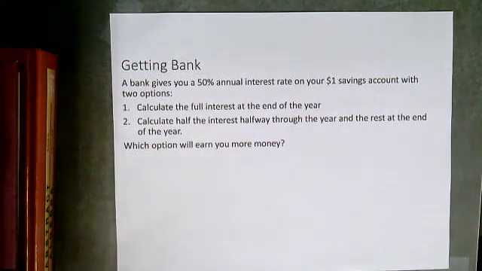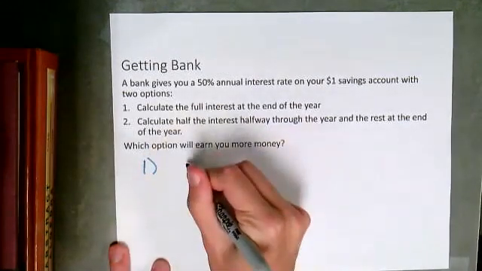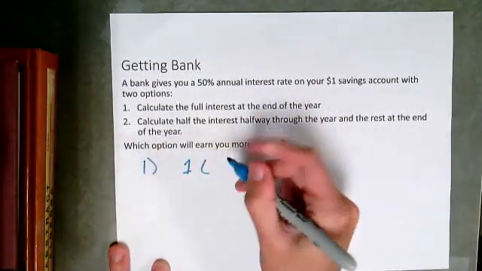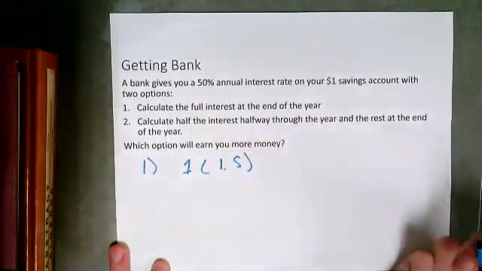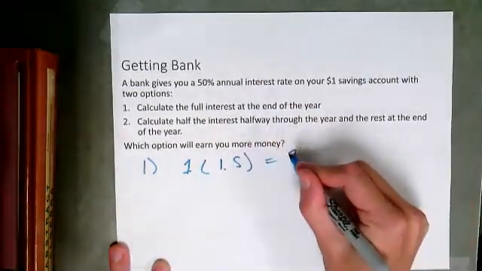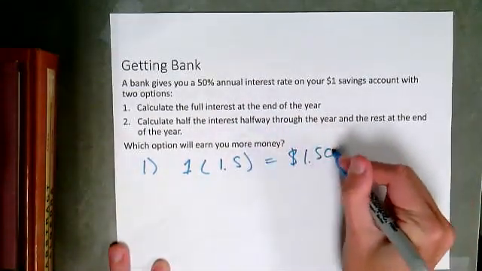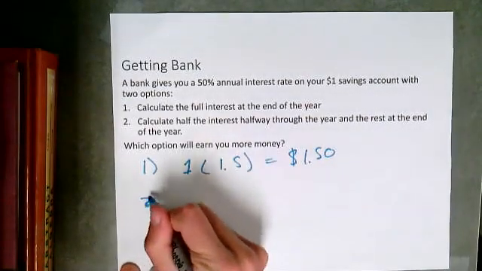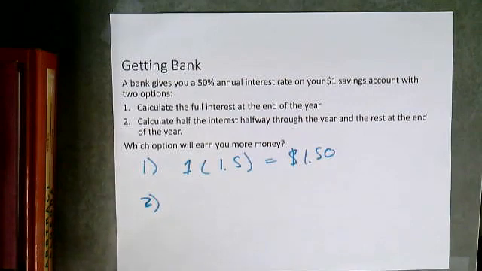Well, the first option is calculate the full interest at the end of the year. That's just going to be you have $1 and you get 50% more, so that's times 1.5, and that's going to give you $1.50, right? Second option is calculate half the interest halfway through the year and the rest at the end of the year.